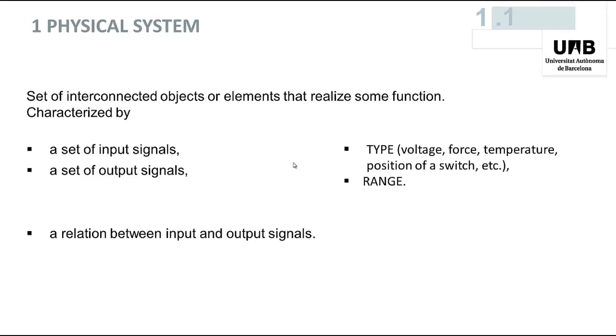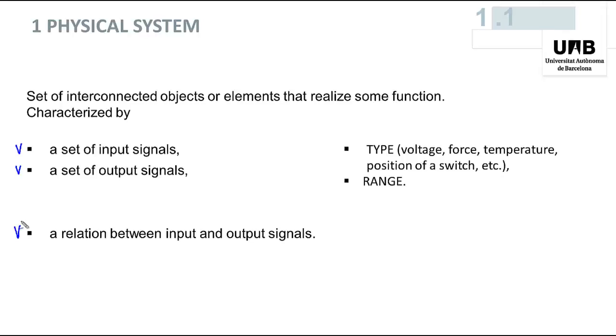We could say that physical systems are sets of interconnected objects or elements that realize some function and are characterized by a set of input signals, a set of output signals, and obviously some type of relation between input and output signals.